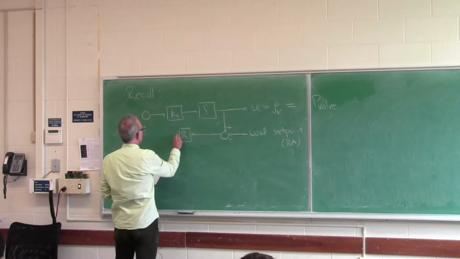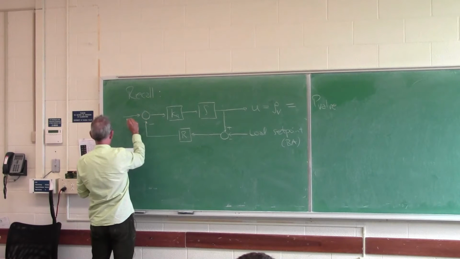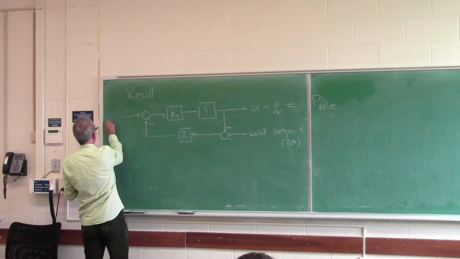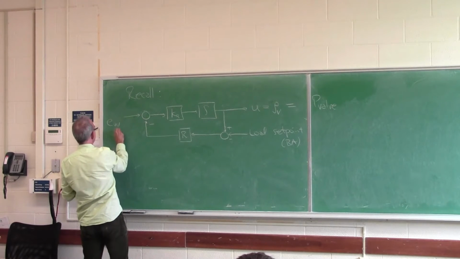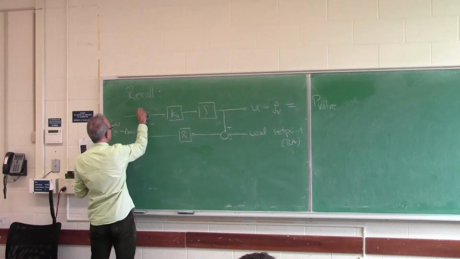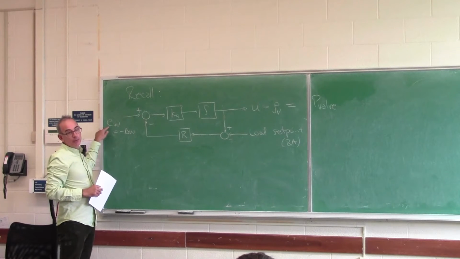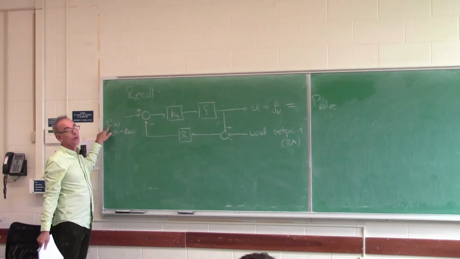And I'm making a slight change in notation here, but not for long. The only reason for introducing this artificial notation temporarily is for those of you who have taken a control course.